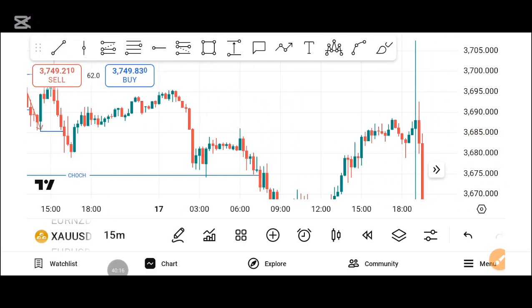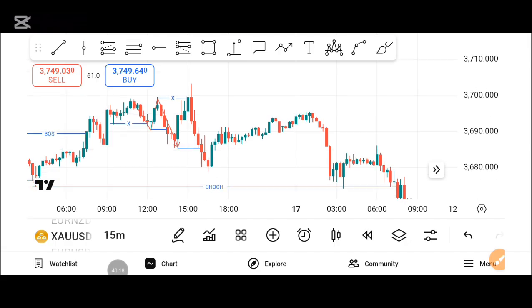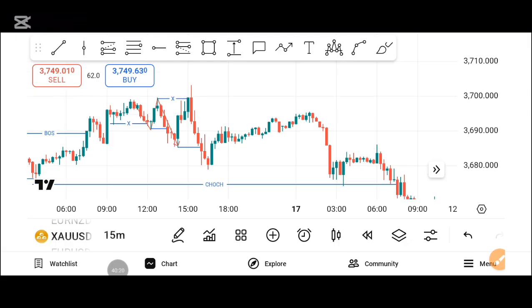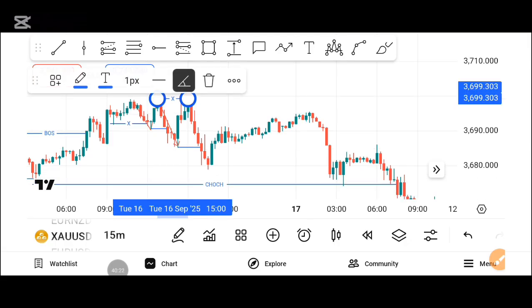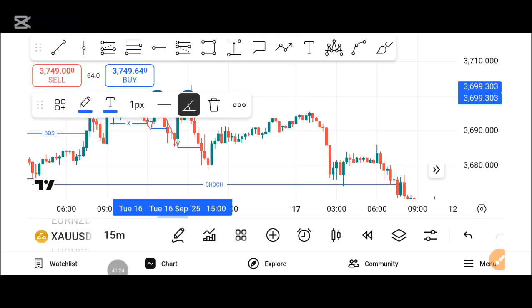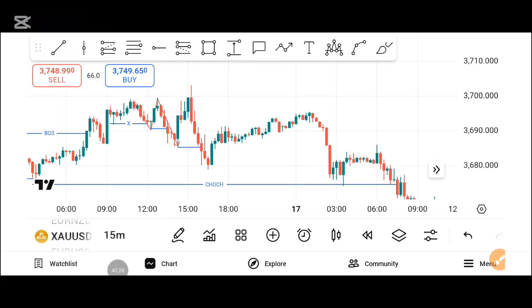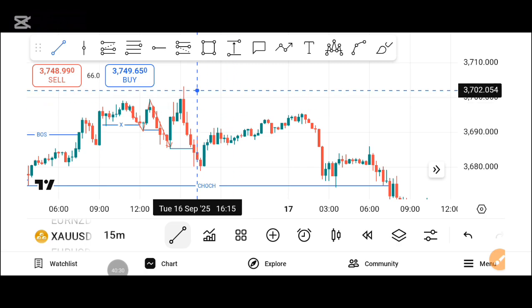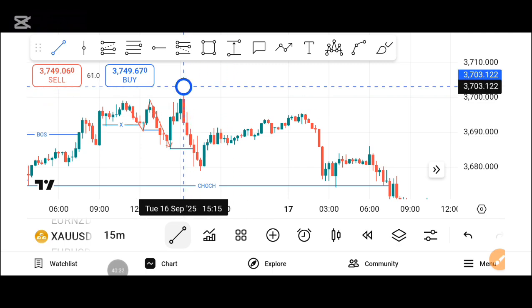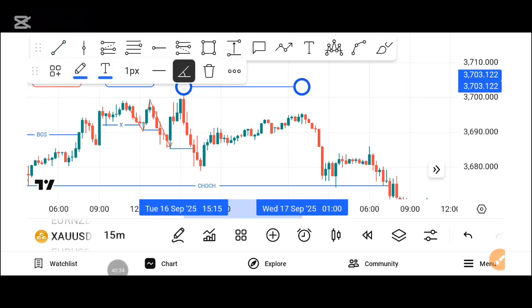So after every break, where is our inducement? Our inducement transfers from that point there to this particular point here.